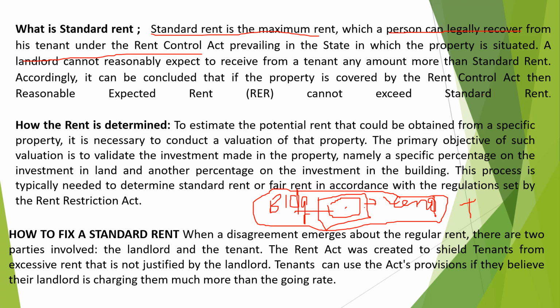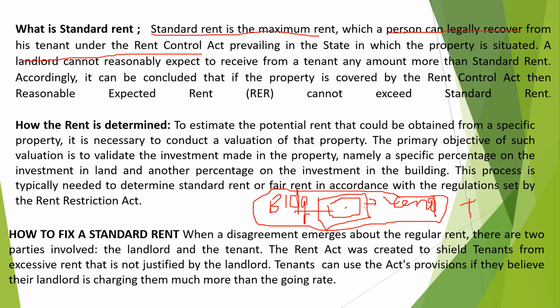So you have to consider all these things for calculating the standard rent, not only the return on land and building, but the other things which are to be spent by the owner have to be recovered from the tenant. So we will calculate the requisite return from the land, requisite return from the building, and then we will calculate the other outgoings which the owner has to spend. Then, taking all these things into consideration, we will calculate the gross rent.